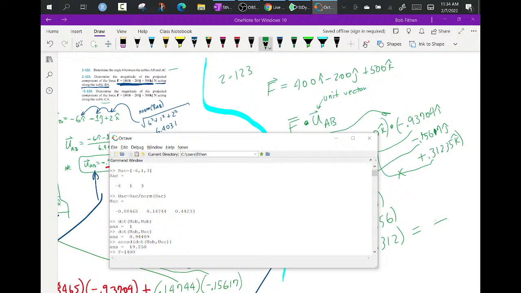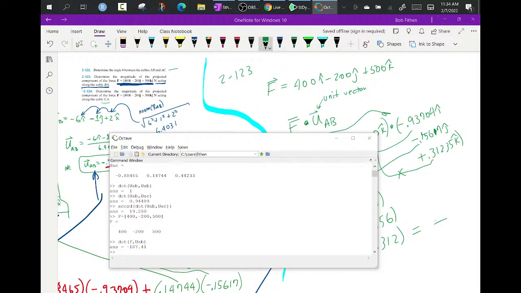So it's a 400, a minus 200, and a 500. What I'm going to do is dot the force vector with UAB. I did type that right.